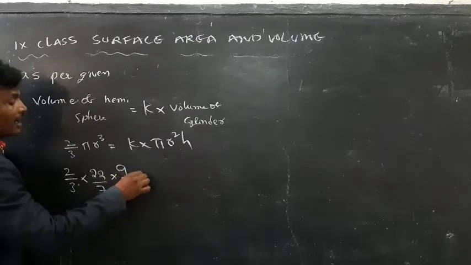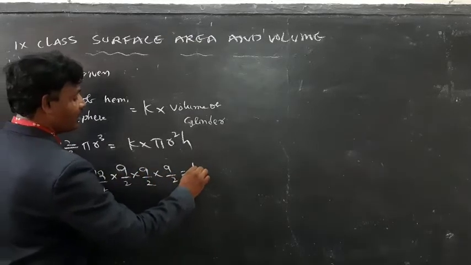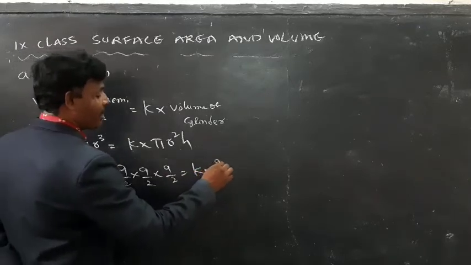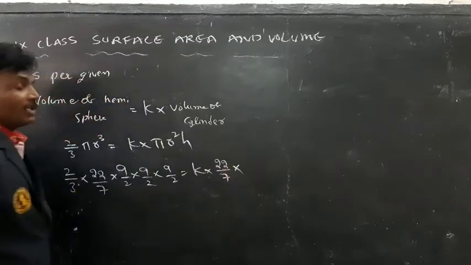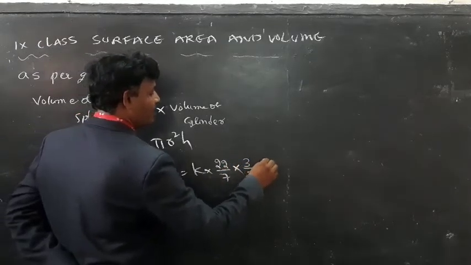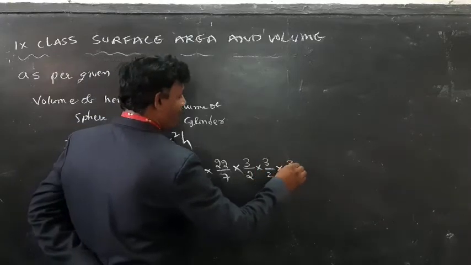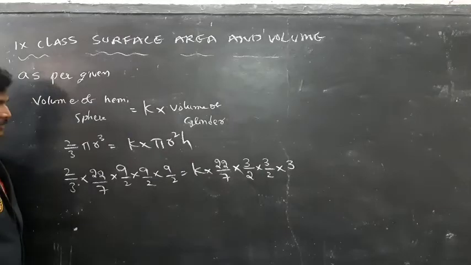So it is 9 by 2 into 9 by 2 into 9 by 2 is equal to K into, what is the value of pi? Pi value is 22 by 7 into, what is the radius of the cylinder? 3 by 2 into 3 by 2 into the height of the cylinder is 3 centimeters. Here you have to find the value of K.